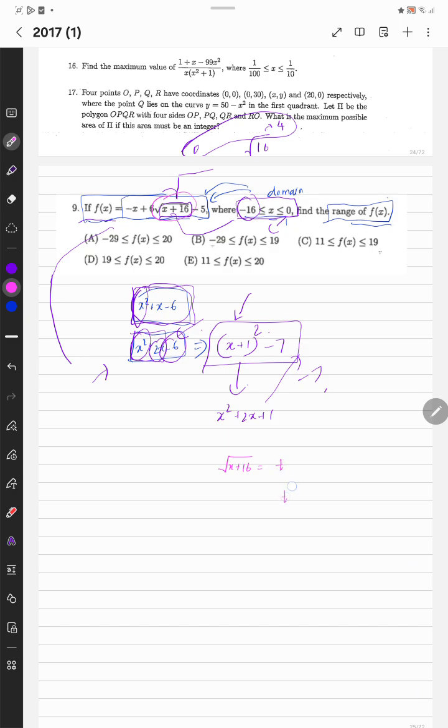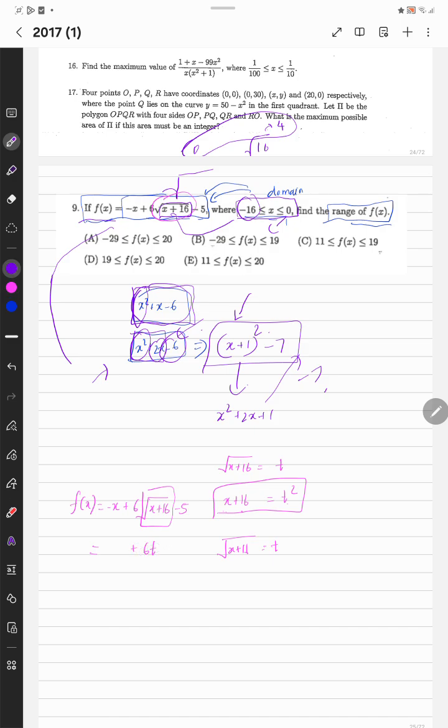If it is t, t square would be equal to x plus 16. Then f(x) is equal to negative x plus 6 square root of x plus 16 minus 5 could be rewritten: the square root of x plus 16 is t, so this is basically 6t.